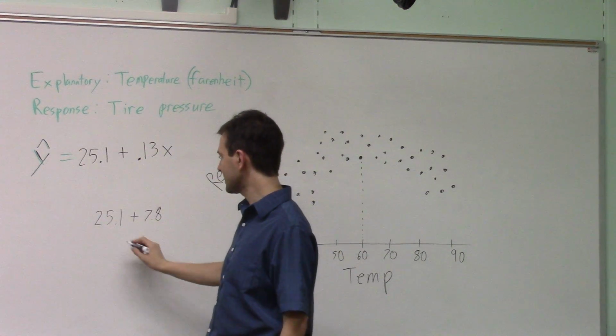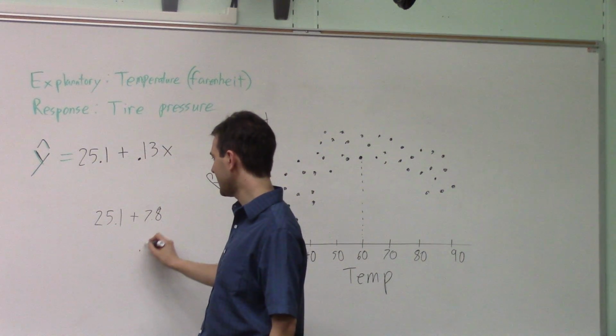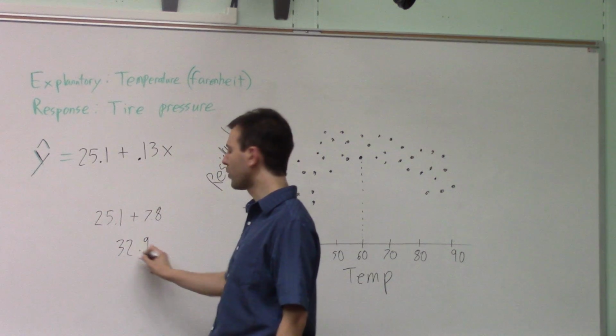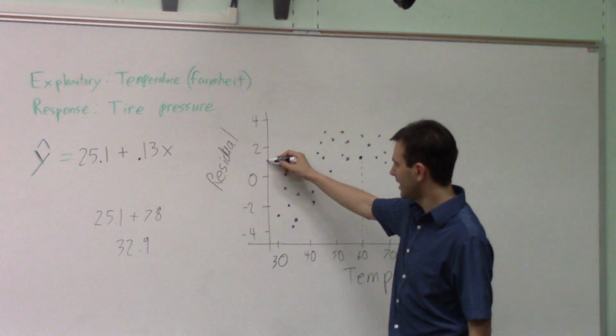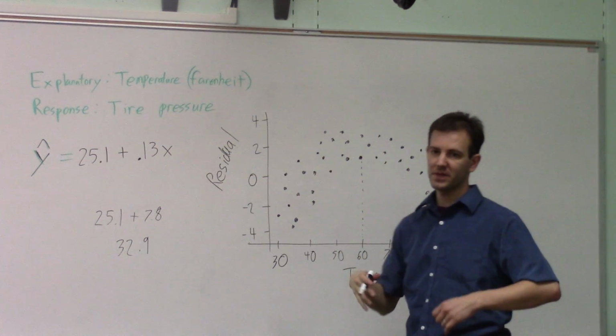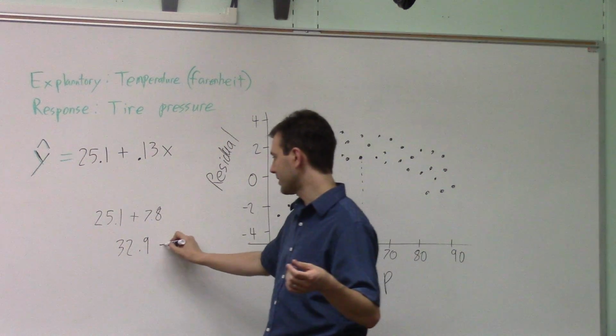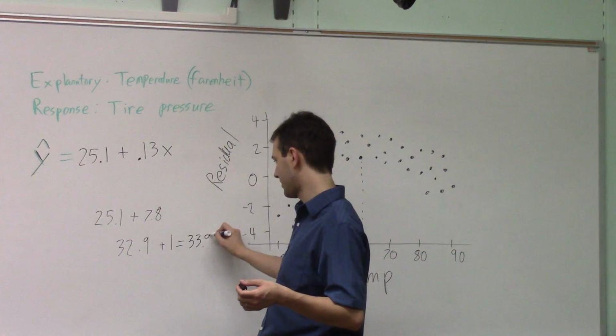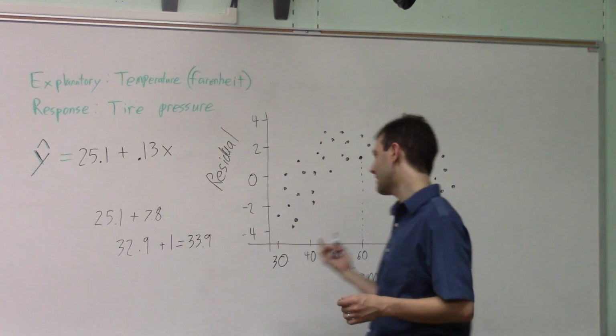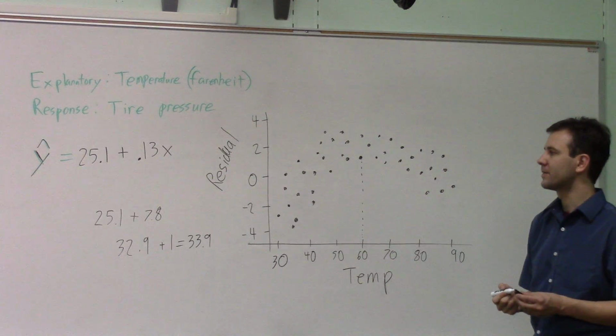The least squares line predicted that it would have a PSI of 32.9, but in actuality it had a residual of 1, which means its PSI was 1 more than we predicted, so the actual PSI on that car must have been 33.9. So like identifying where the point was from the residual chart.